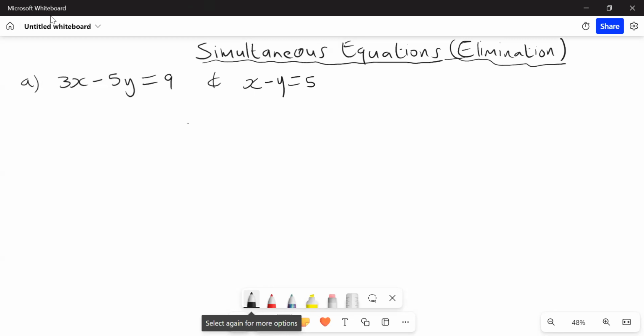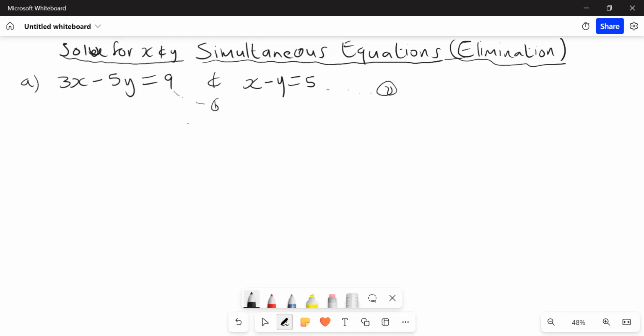Let's not waste time. So basically here we're solving for x and y, right? They gave us 3x minus 5y equals to 9 and x minus y equals to 5. So that's our equation 1 as well as equation 2.